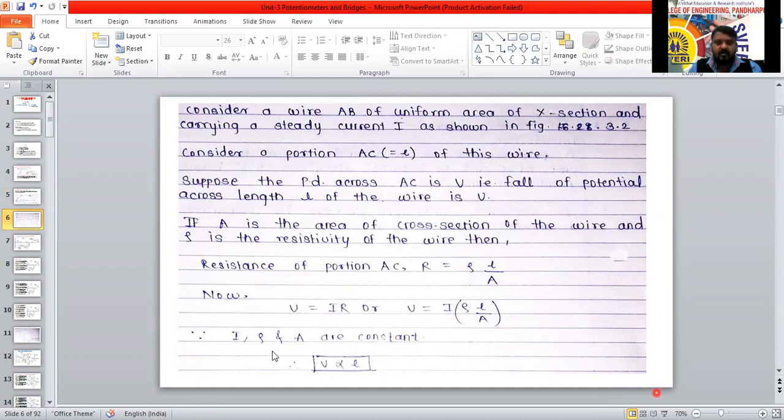So if I, rho and A are constant, then the voltage drop across that section is directly proportional to the length of that section. That we discussed in the last class.